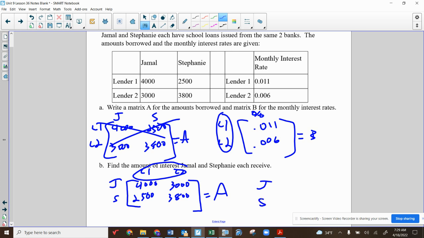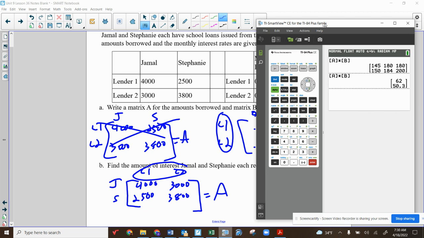Jamal, Stephanie, and how much money they're going to make. So this really isn't a percent anymore because now you've multiplied it by an amount. So this is going to be more. I'm going to put money up there. Money right there. So let's see. I forgot the numbers.